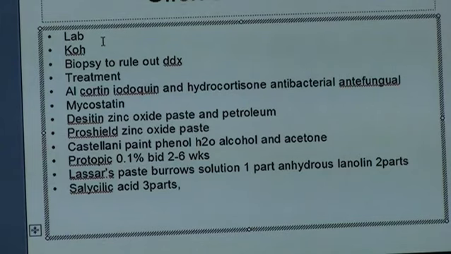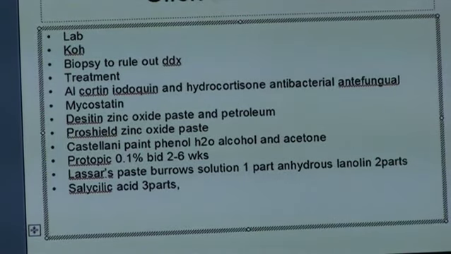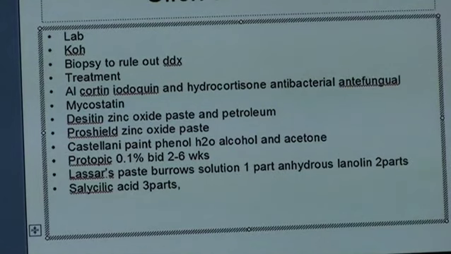Okay, so that takes care of Intertrigo. Many times patients do come in with a rash on the shaft, which I was seeing somebody else's patient who came in for a follow-up for the penile rashes.